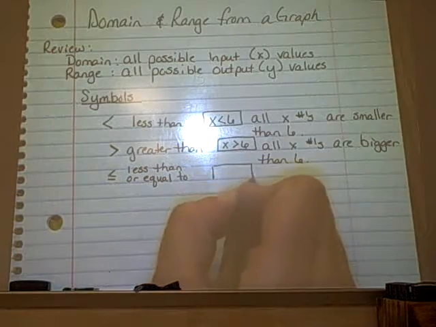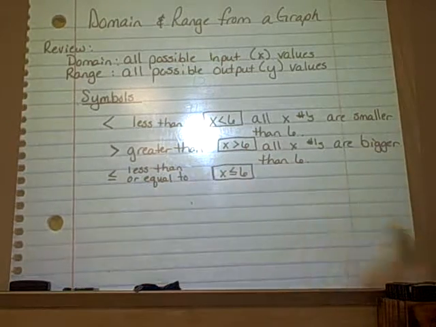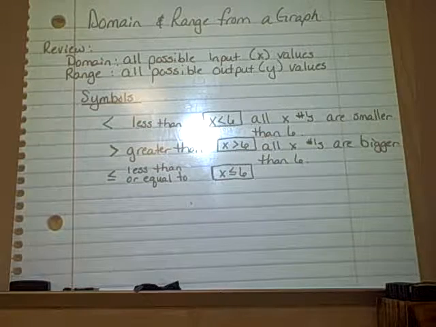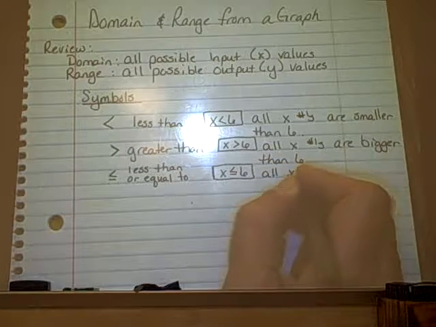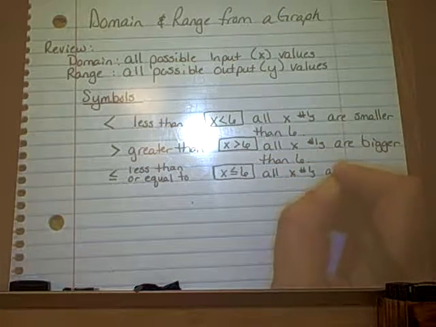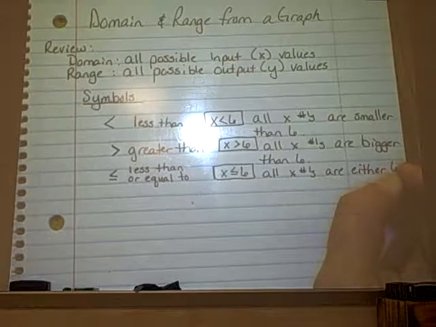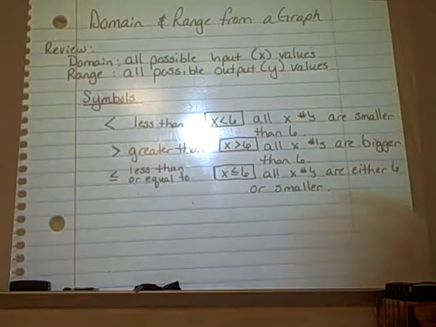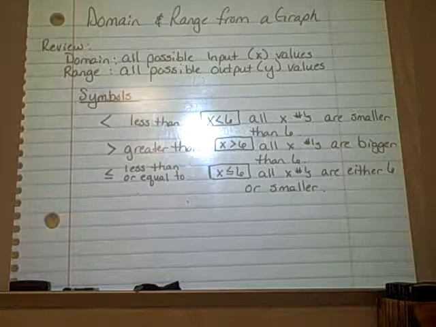So if I have that example, x less than or equal to 6, that means all x numbers are either 6 or smaller. They include 6, or they can be smaller than 6. So 6 is included on this one.